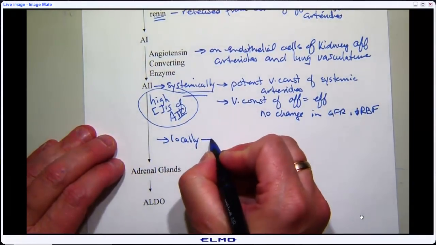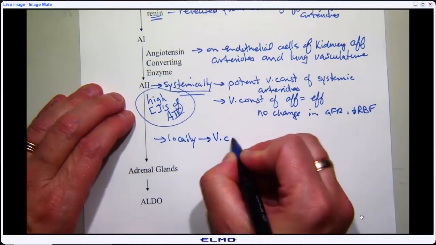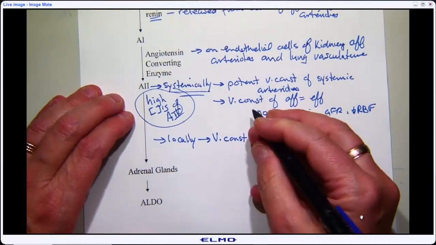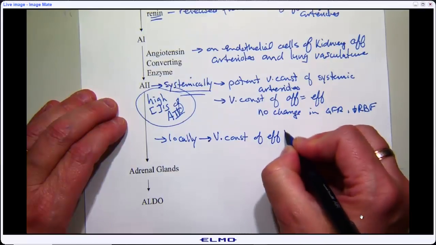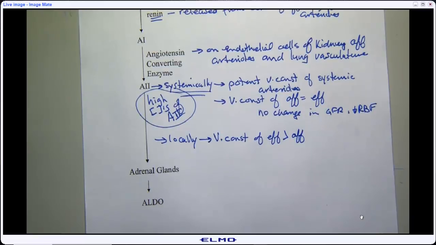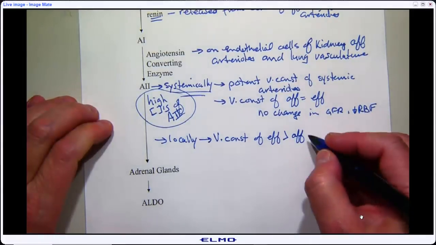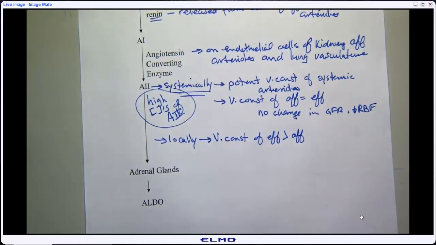if we have small amounts of angiotensin II just right at the level of the kidney, it will cause a vasoconstriction of efferents greater than afferents. Okay, if it's going to vasoconstrict efferents over afferents, we're going to get normal constant volume into the glomerular capillary bed, less volume out of. So we're going to get more volume in and more pressure in.